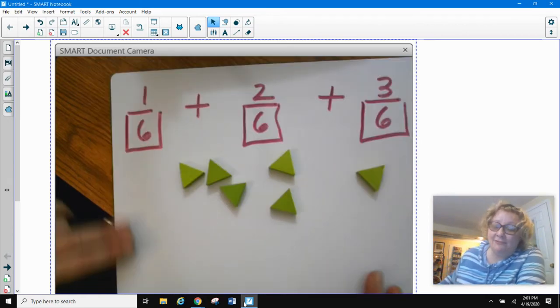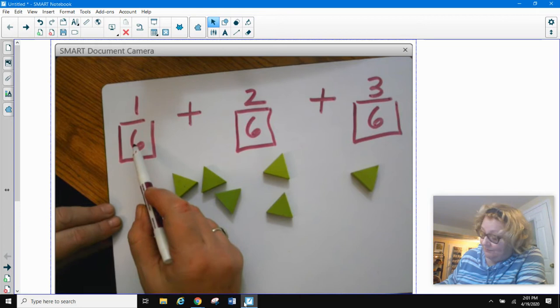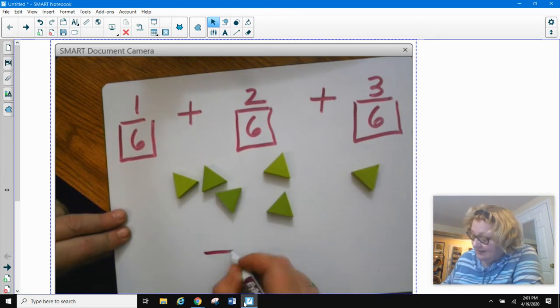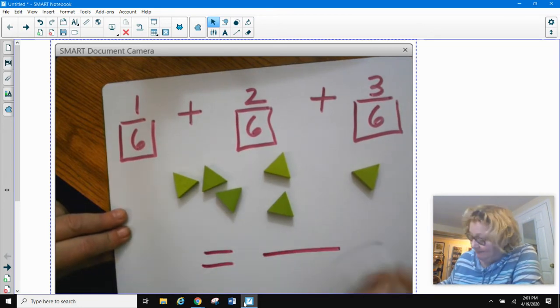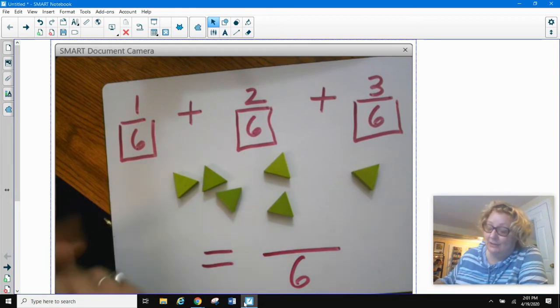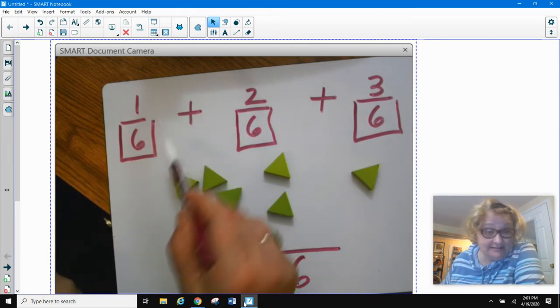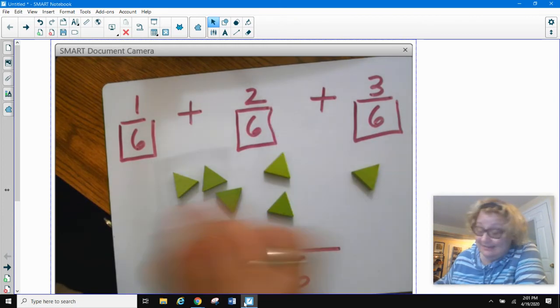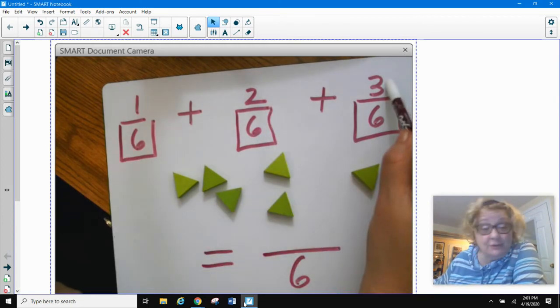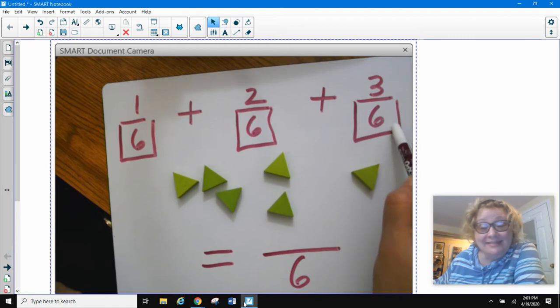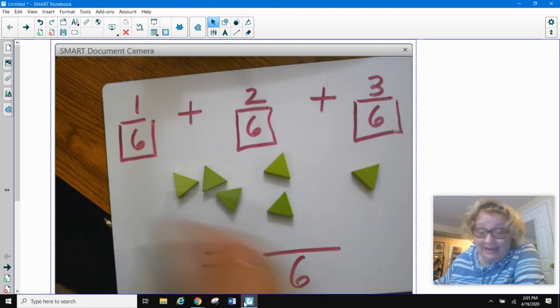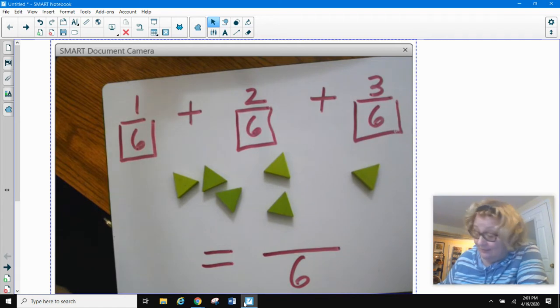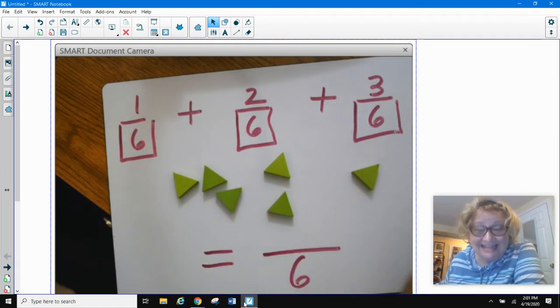So when adding fractions, always remember that the denominator is going to remain the same because it's basically saying you have one of this size piece, you have two of the same size pieces, and you have three more of those same size pieces. The size of the piece is never going to change. So when adding fractions with common denominators, the denominator stays the same.